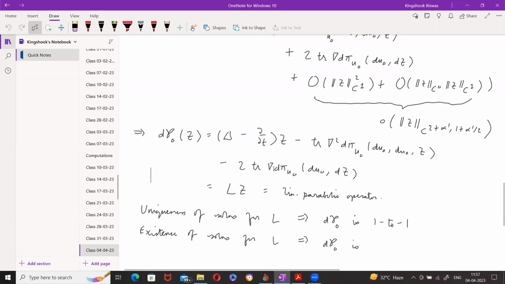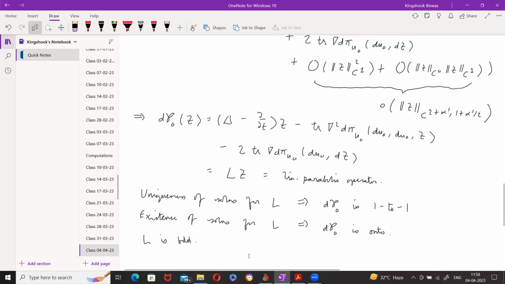And so the uniqueness of solutions for this linear parabolic operator means that this derivative is 1-to-1, and the existence of solutions for this operator means that the derivative is onto, right? Okay. Fine. And L is also bounded as a map between the appropriate Banach spaces.